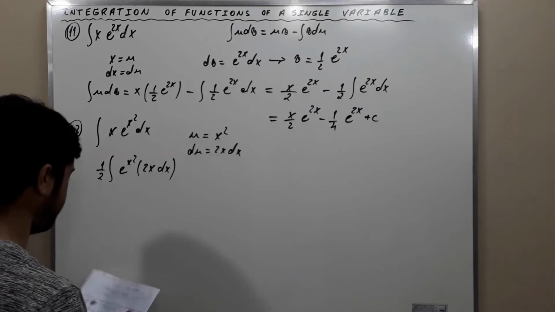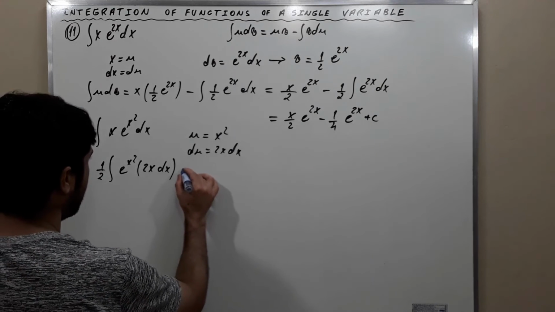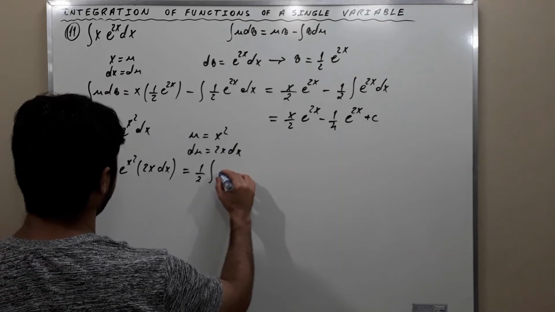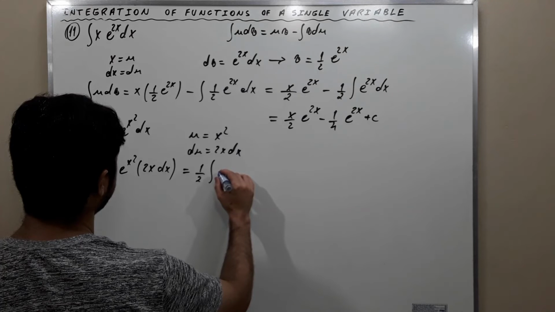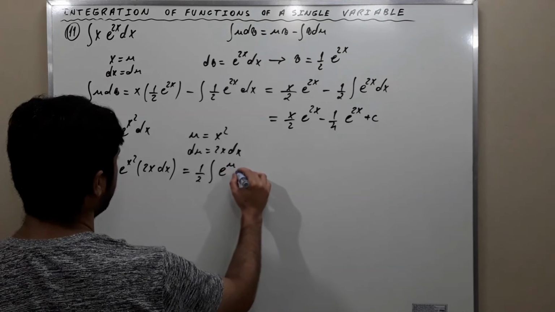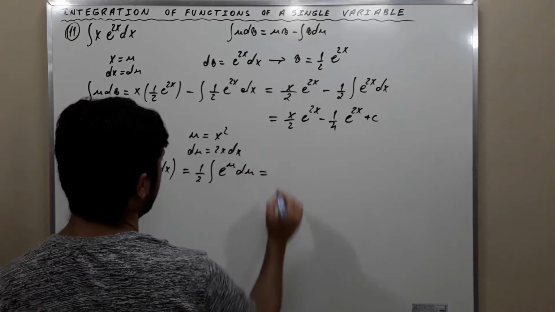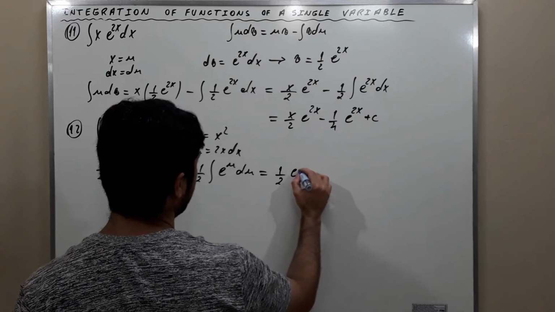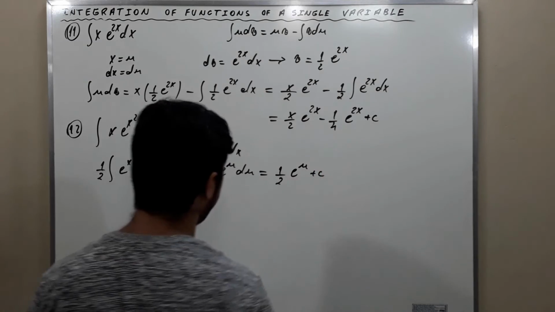And in this way we have 1/2 of e raised to the power of u du, and we know that this is merely e to u plus c.